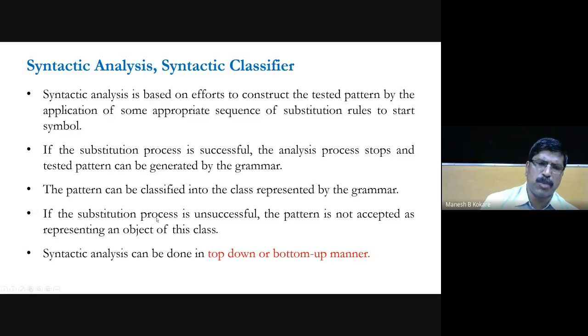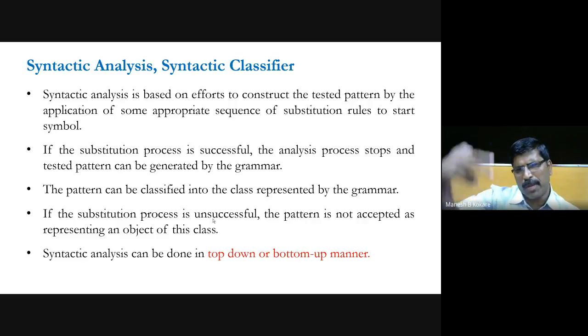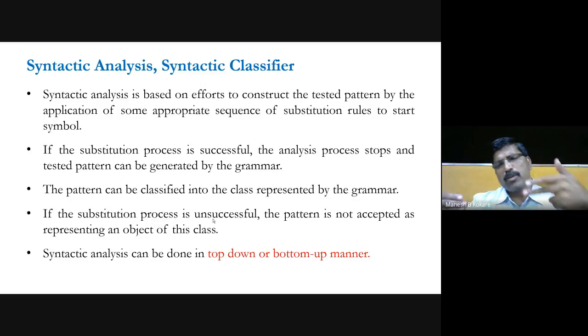If the substitution process is unsuccessful, for example, we have applied the grammar of class C0, which is G0, to the unknown pattern, and at the end we don't get the language of the unknown pattern similar to the language of class C0, then it is unsuccessful.